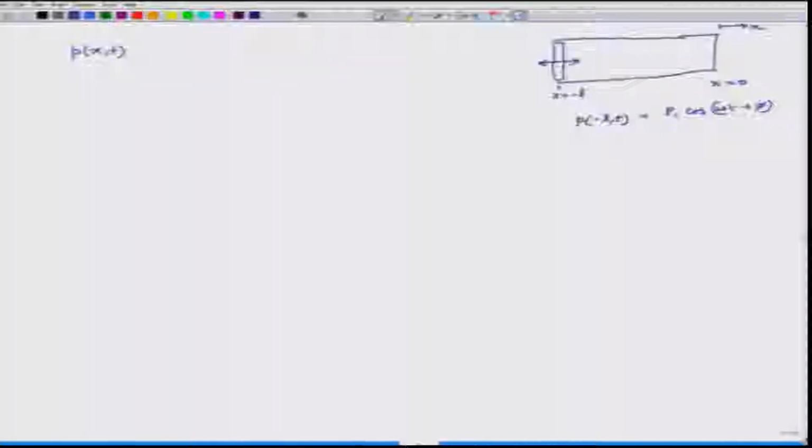So, with this understanding, we had developed expressions for pressure and velocity, and the expression for pressure was P1 divided by cosine omega L over C, cosine of omega x over C, cosine of omega t plus phi.